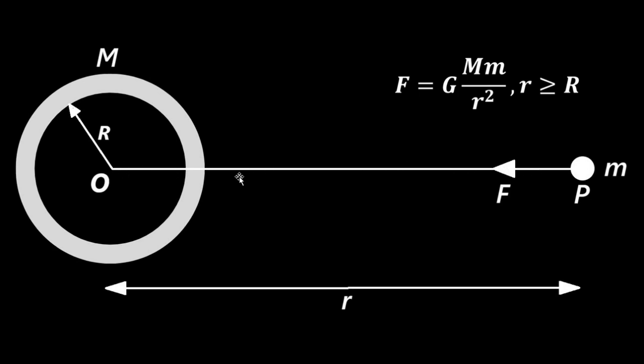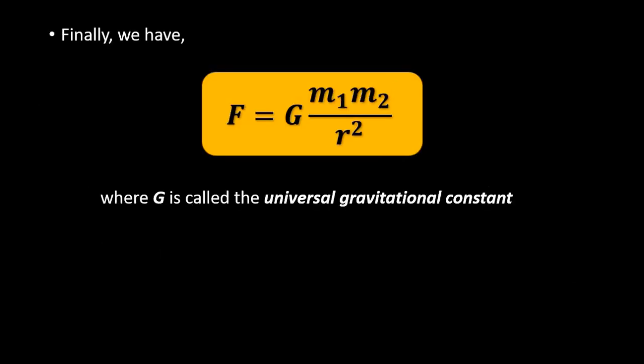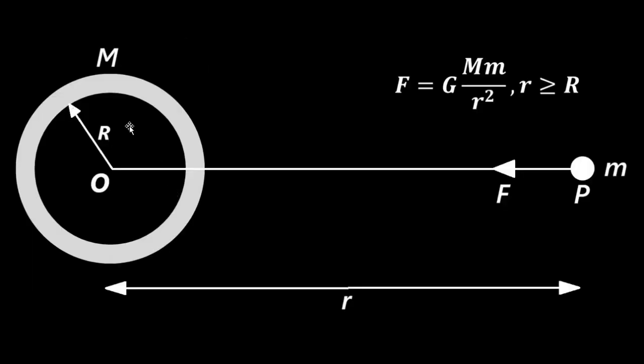The force vector and this line will coincide. The magnitude of this gravitational force is equal to G capital M small m by r square, which is the basic universal law of gravitation formula. The spherical shell is of mass capital M, the point mass is of mass small m, and their centers are separated by a distance r.